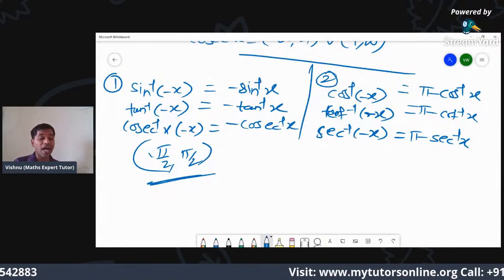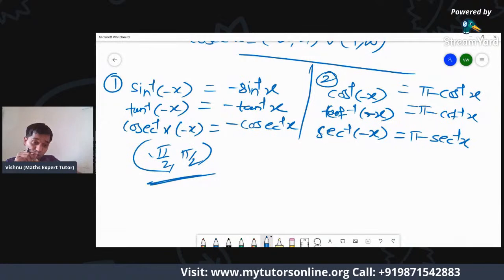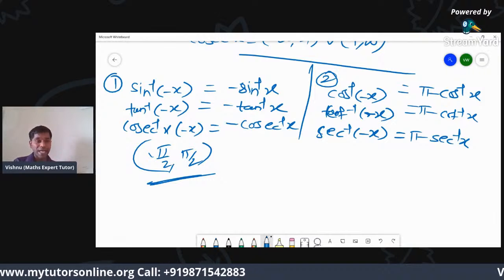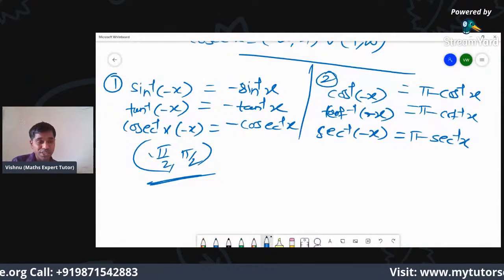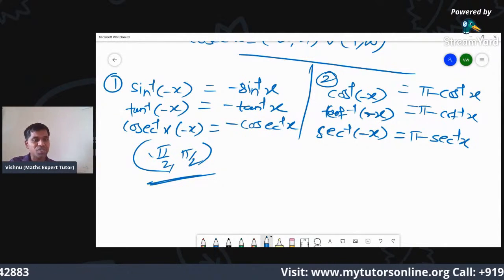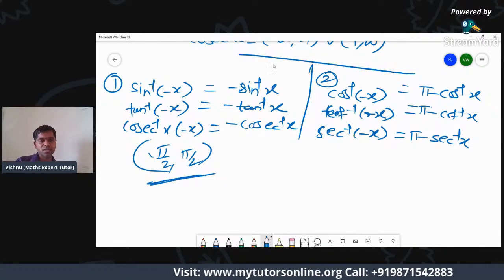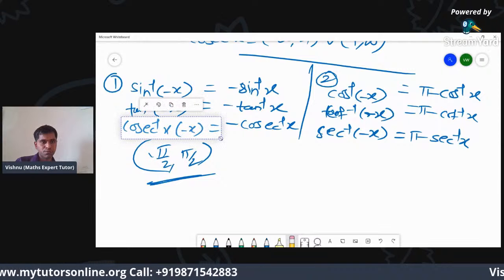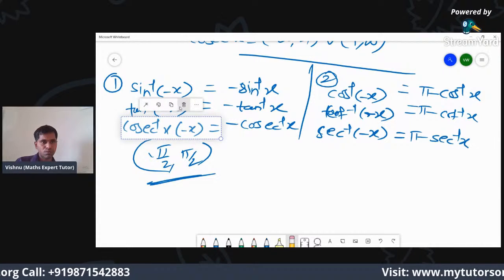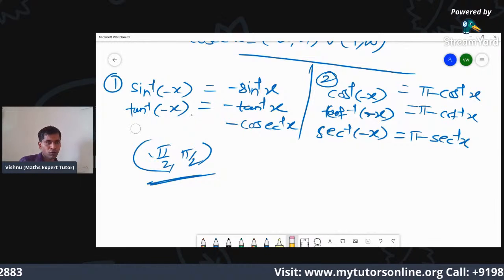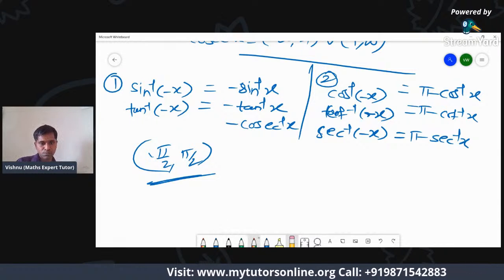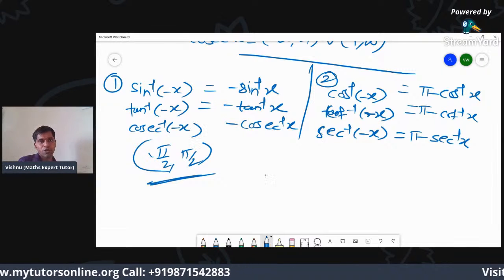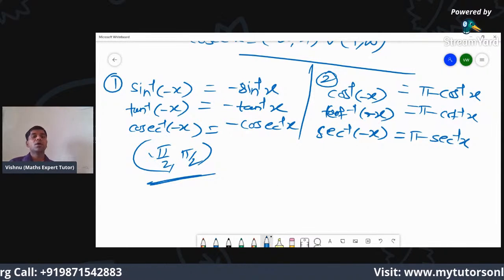As I told you initially, apart from range, there is one more correlation of this groupism. So in this also they behave in the same way. So sine inverse of minus x is minus sine inverse x, tan inverse of minus x is minus tan inverse x, cosec inverse of minus x is equal to minus cosec inverse x.